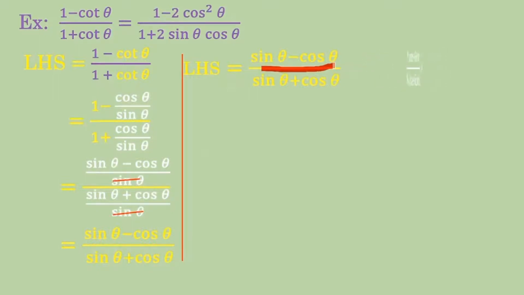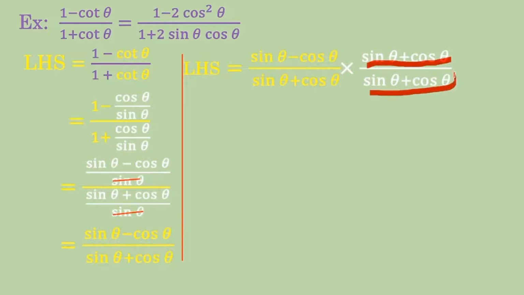We know that conjugate of sin theta minus cos theta equal to sin theta plus cos theta. Now multiply the numerator and the denominator with sin theta plus cos theta.